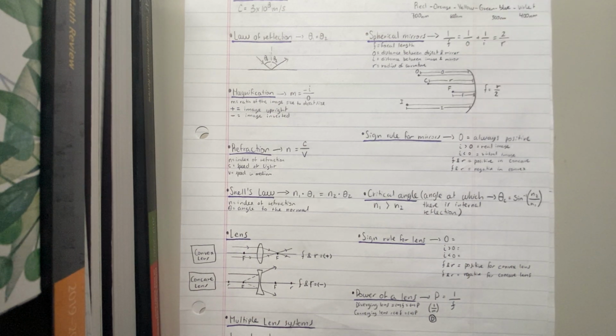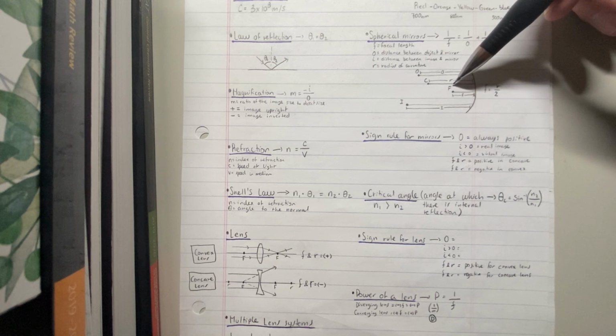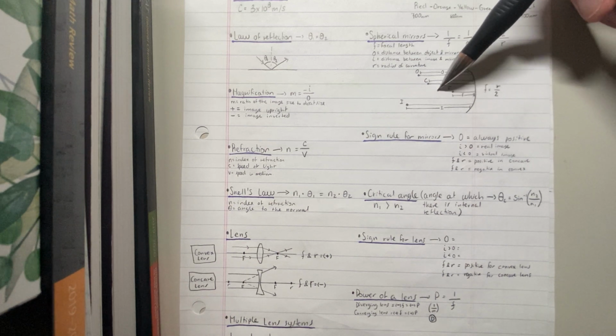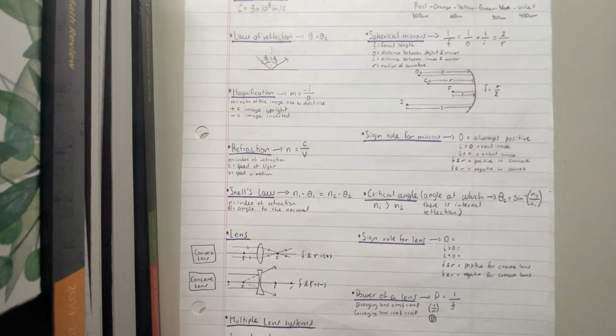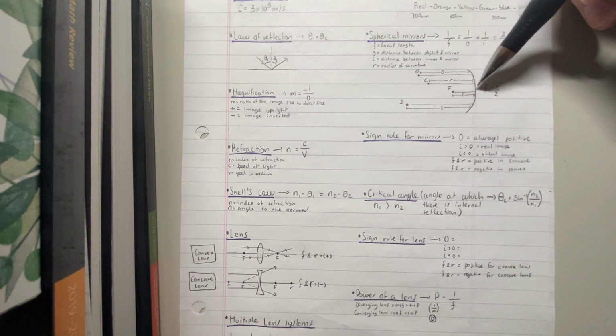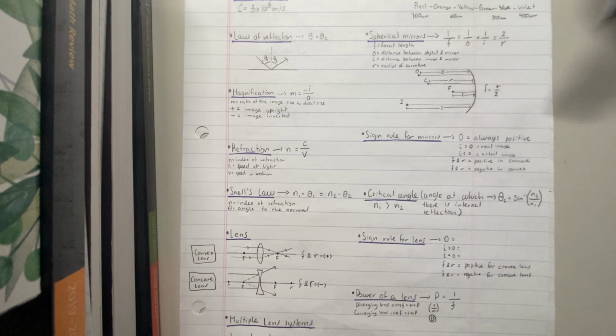So what I like to think about is if the radius and the focal length are located inside the mirror, which in this case would be a concave mirror, then the F and the R are positive.